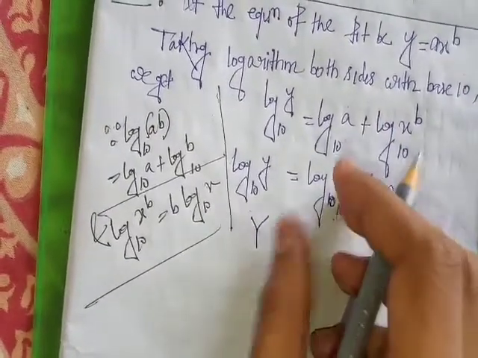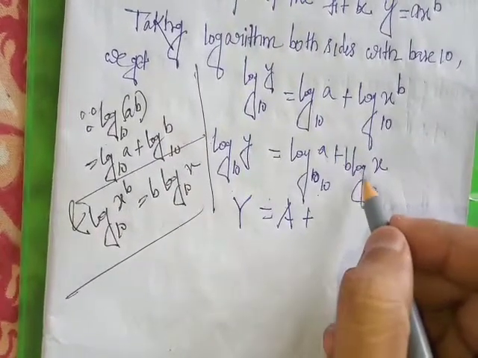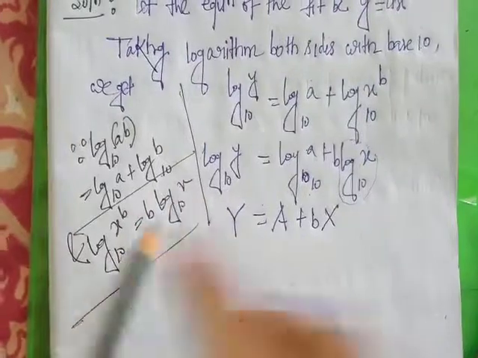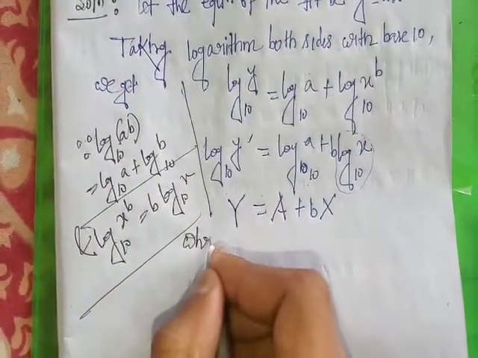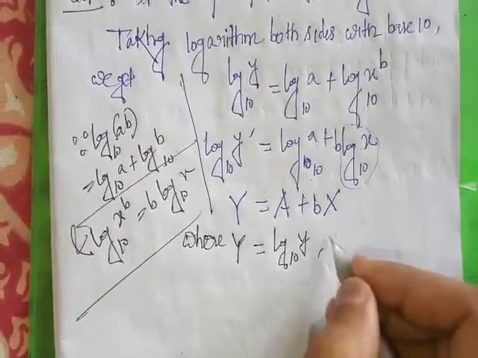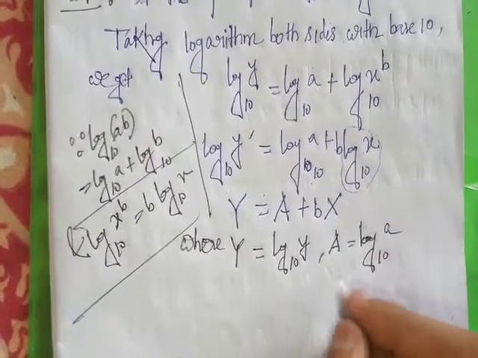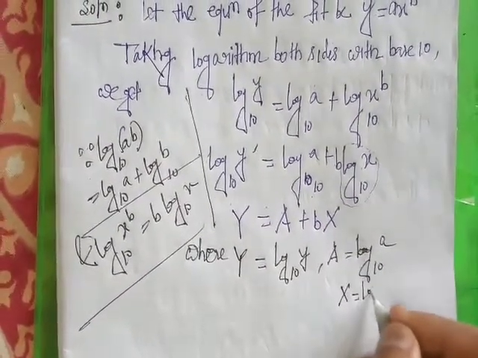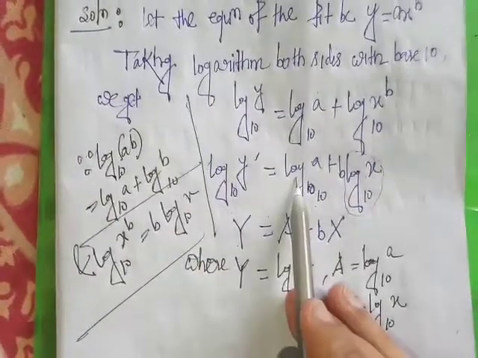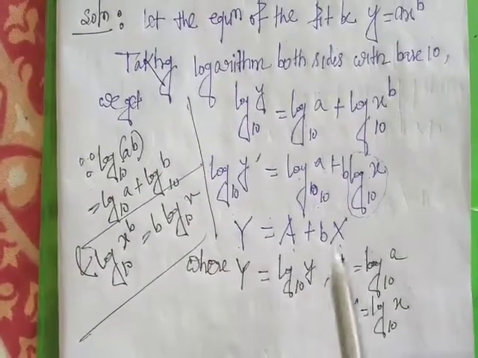Let this constant be denoted by capital A, plus b into capital X. Where capital Y equal to log 10 y, capital A equal to log 10 a, and capital X equal to log 10 x. Clear? So ultimately we get capital Y equal to A plus bX.